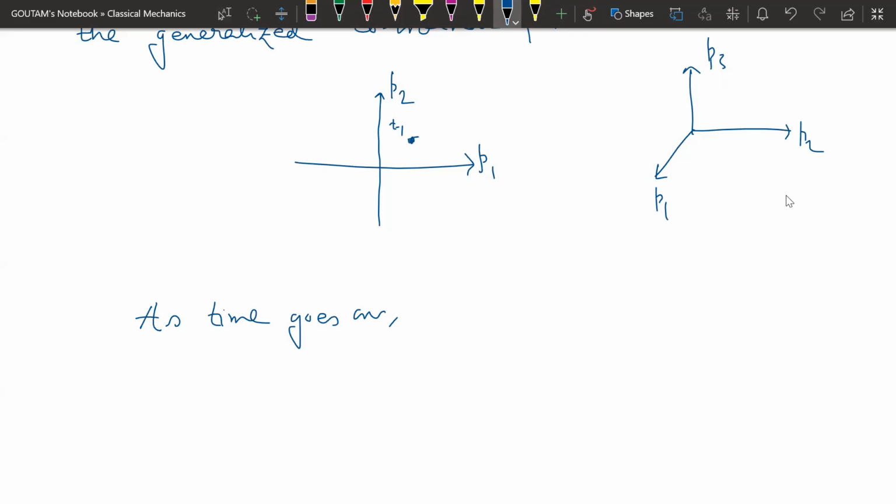In general, we can say the particle moves from T1 to T2. At time T2, the particle is here. So as time goes on, the system moves in the configuration space.